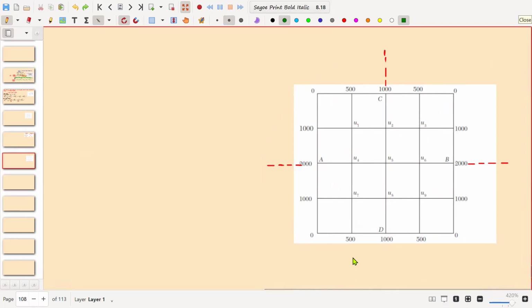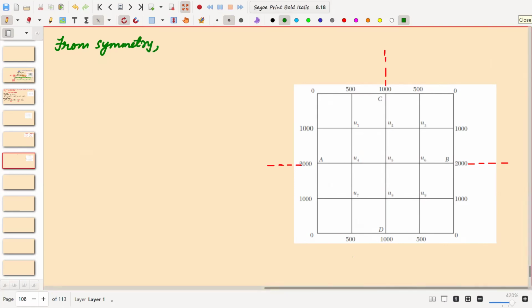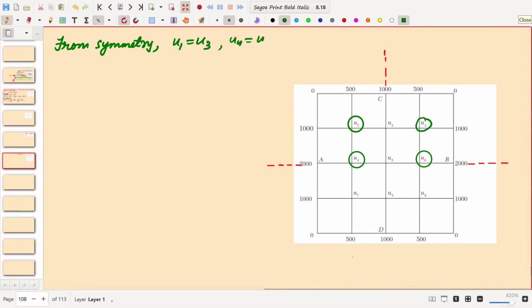Okay. So what will happen? From symmetry, what do we have? We have U1 equal to U3, U4 equal to U6, U7 equal to U9.